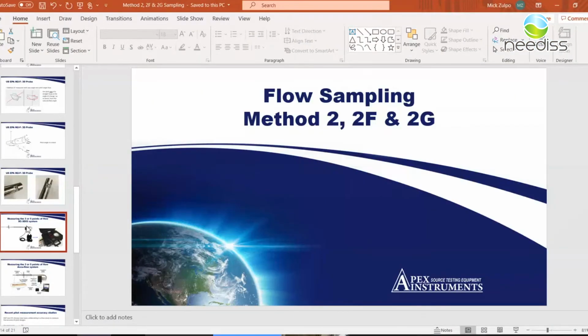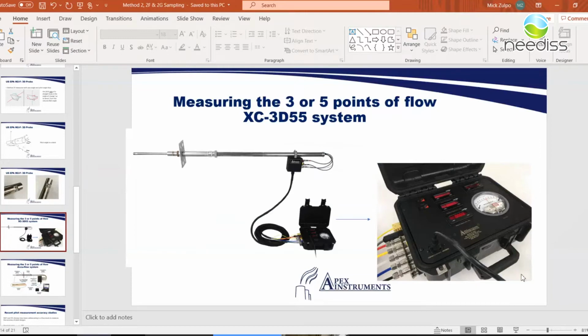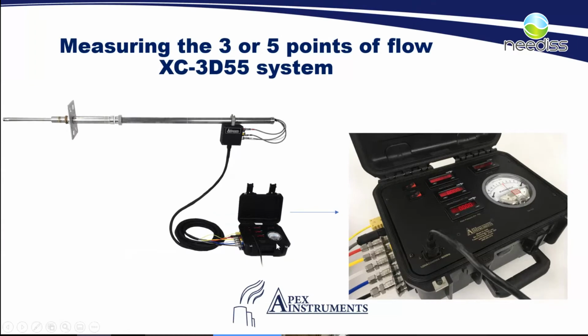So let me just jump back to my slide here and show real quick. The main difference between these two would be to say that the 3D 55 system here, as you can see, would be considered a manual system.